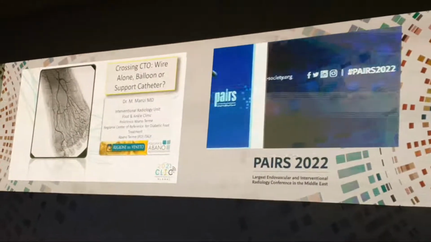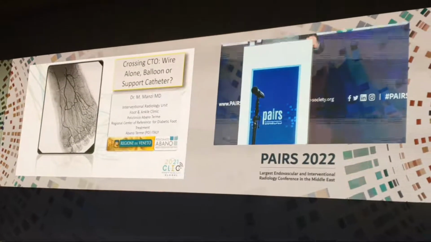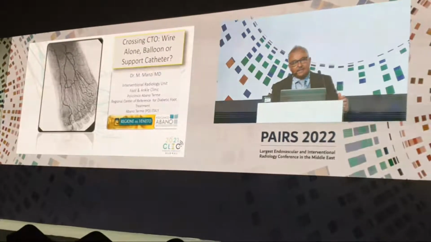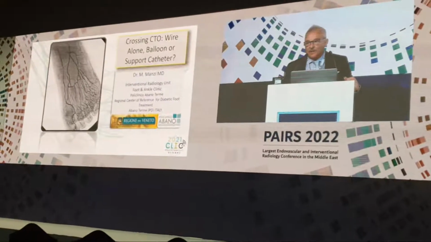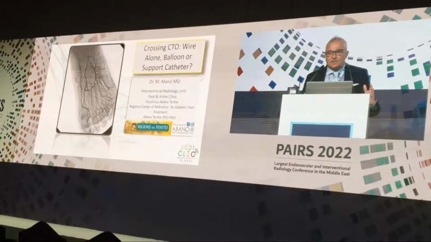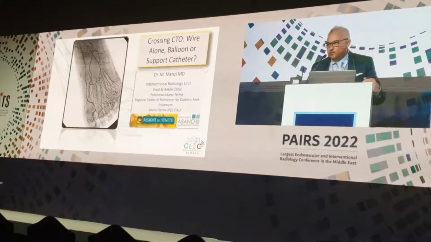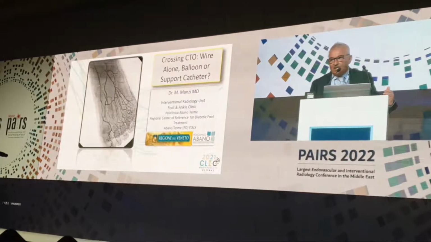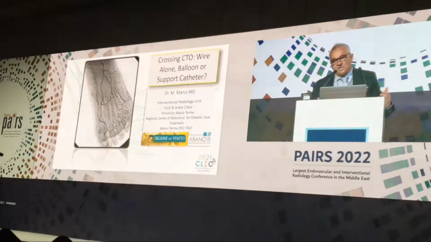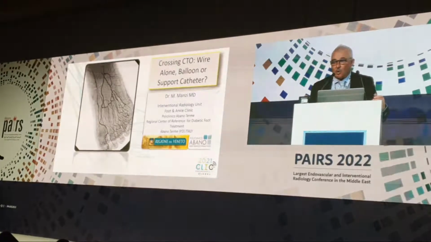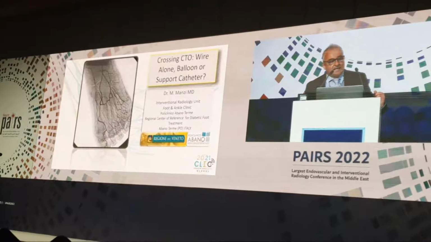Okay, so the topic is how to cross a lesion, and we will do it with a case-based presentation. There is a recorded case in my lab, and we will discuss the opportunity and the possibility to cross a lesion with a system based on a microcatheter or support catheter, whatever you want to name it, or directly a balloon and the wire.